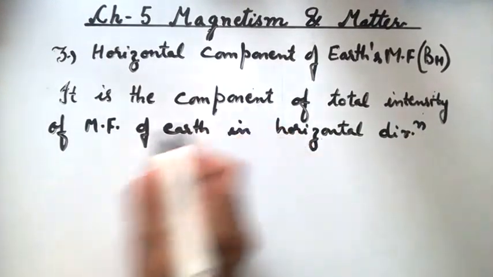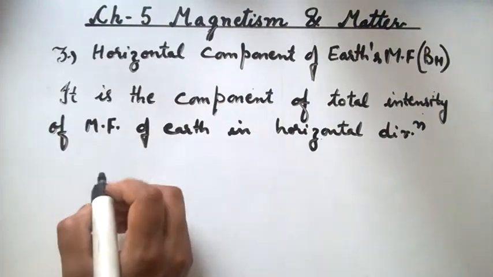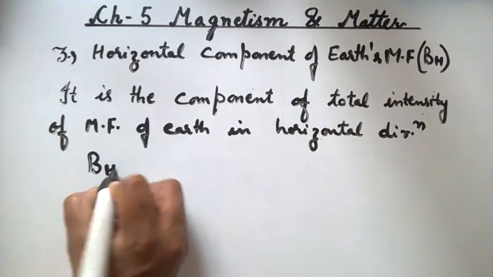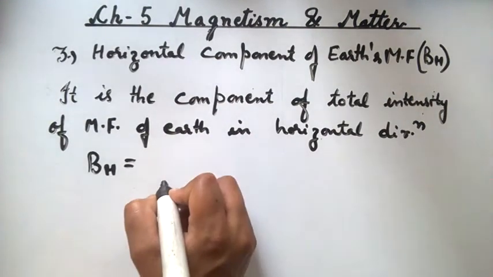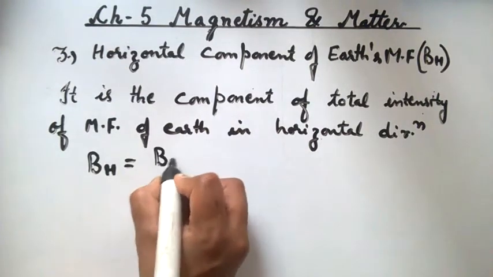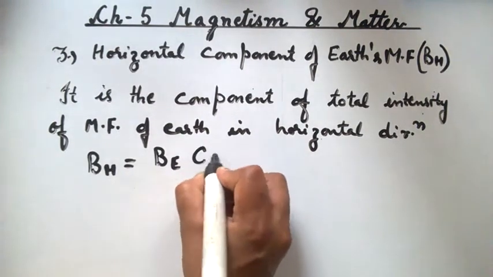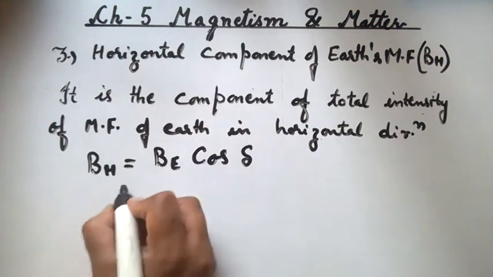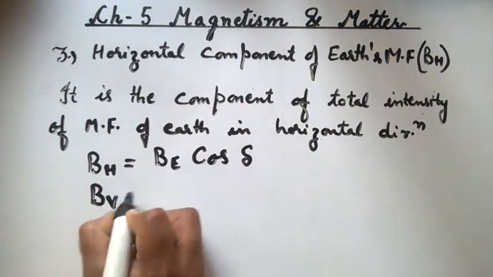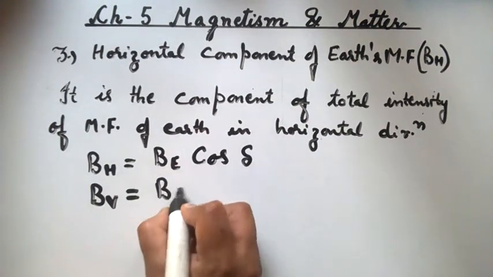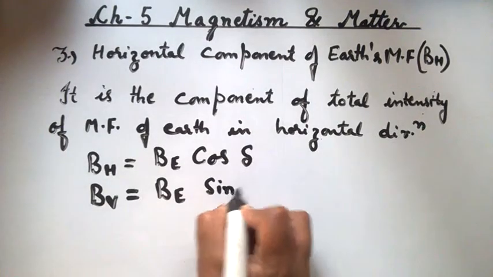Thus, as it's the component of magnetic field, its value can be written in terms of cos del, that is BE into cos inclination, and its vertical component can be taken as BE into sine of del.